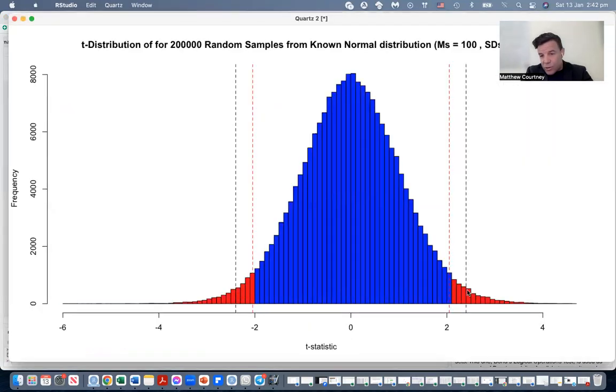That means that if we were to shade in these small tail areas as partitioned from 2.4 and above, and we shaded in this other area as partitioned by negative 2.4, these shaded areas would constitute 2% of the total area under the graph. And 2% is the same as 0.02.